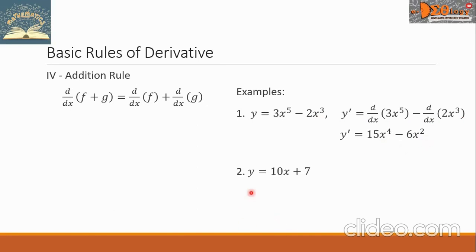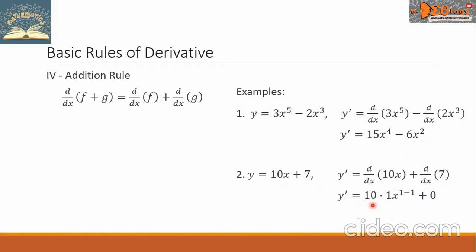Example 2, y equals 10x plus 7. Again, we're going to take the derivative of 10x plus the derivative of 7. For the derivative of 10x, we have 10 times 1 times x raised to the power 1 minus 1, plus the derivative of 7, which is a constant, is 0.